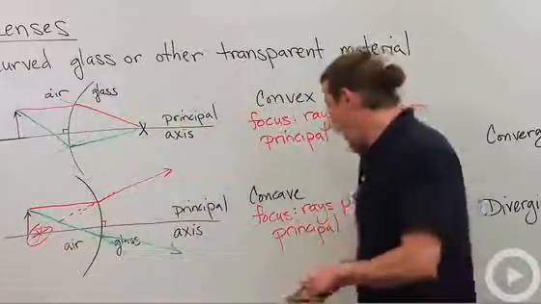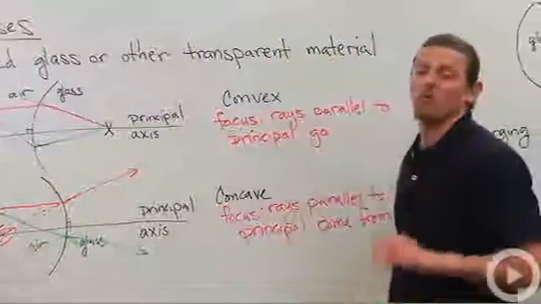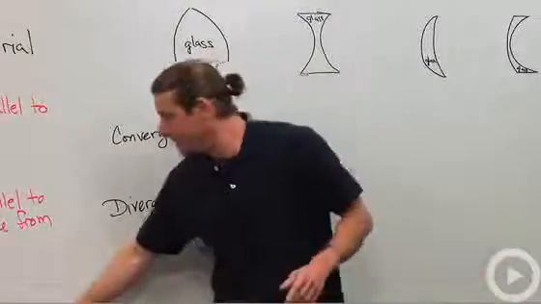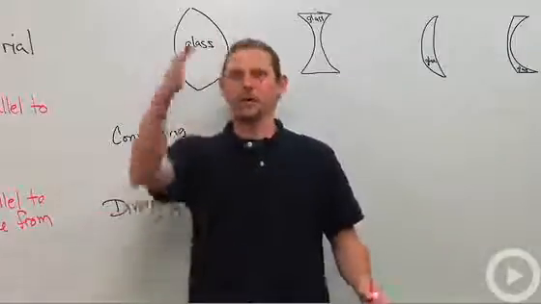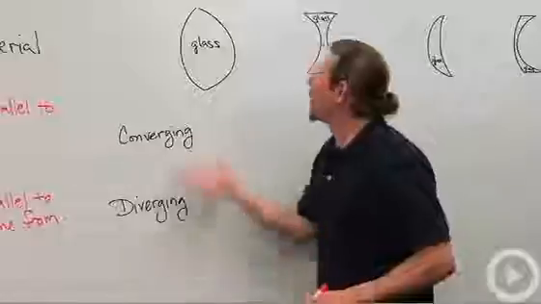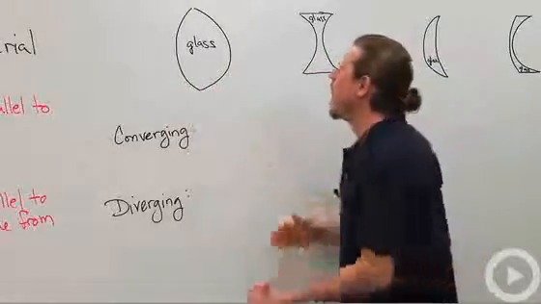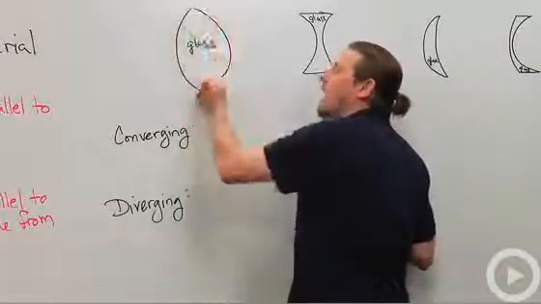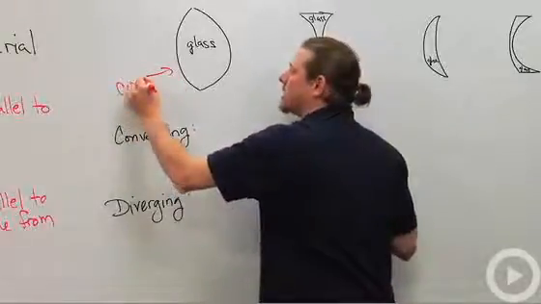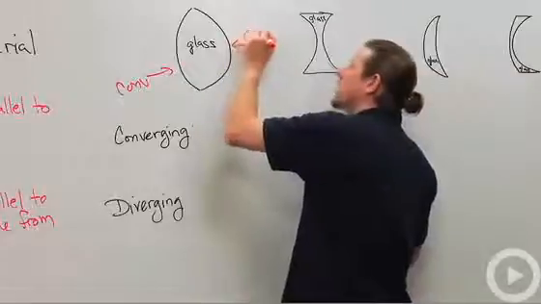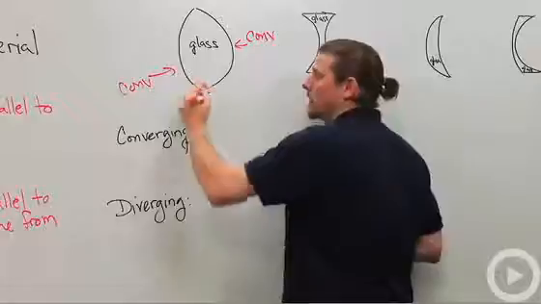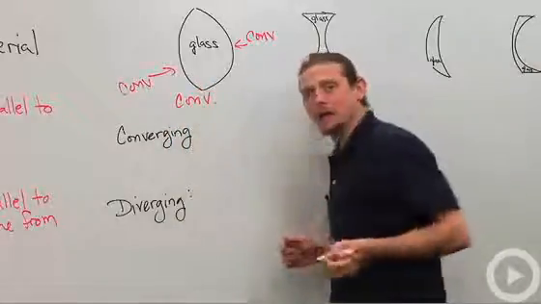Now let's say that we've got some real lenses, and that means they've got to have two sides to them, right? You're not just going to have a lens which consists of a piece of glass that goes on forever. So let's say that I've got glass like this. Well, the glass is convex on both sides. So that means that this side is converging, this side is converging, and therefore this will be a converging lens.